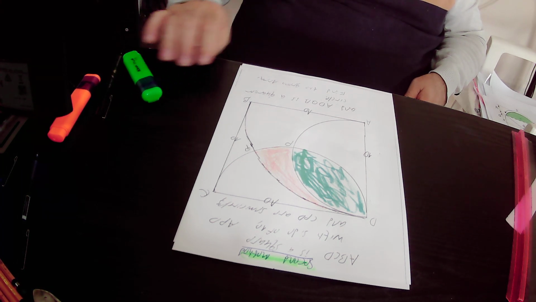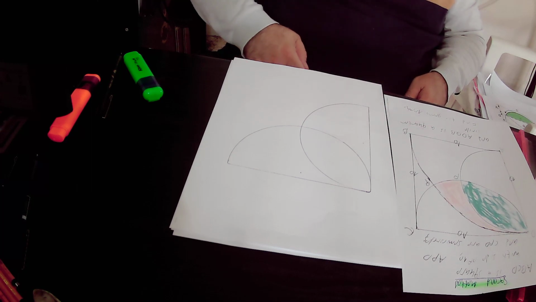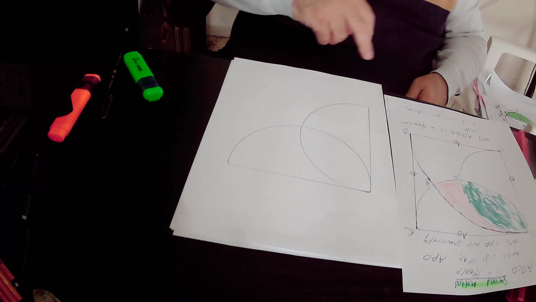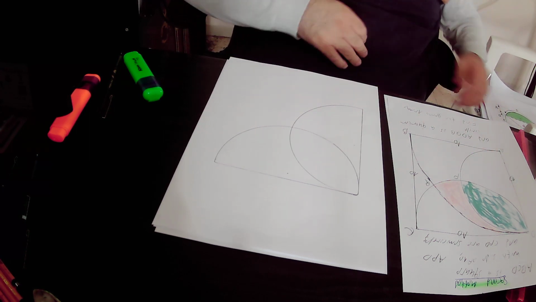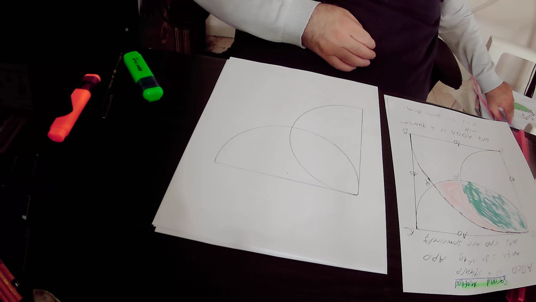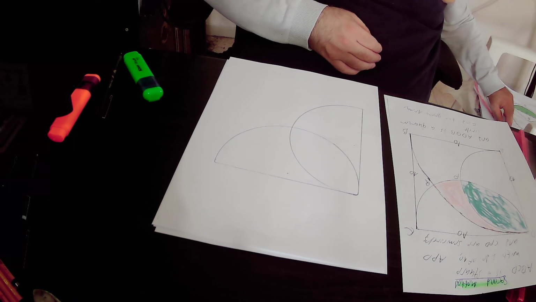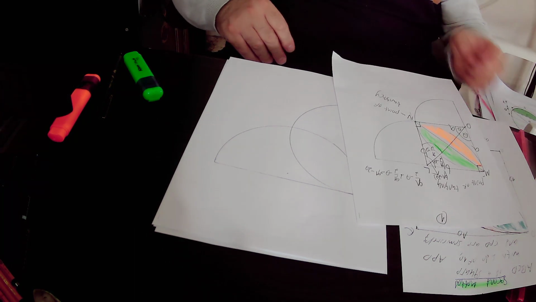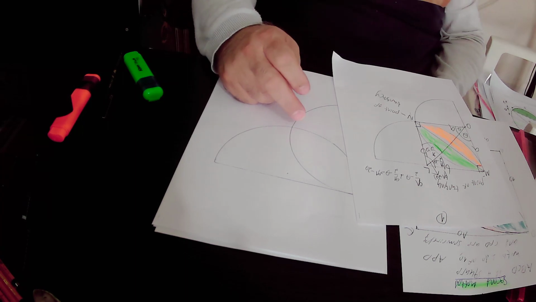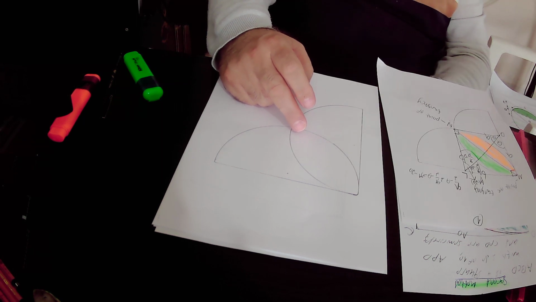Okay, so we start with the area. In the first step, we find the area of the blue shape. Okay. So here we have the blue shape, which was created by the intersection of the two semicircles with each other.